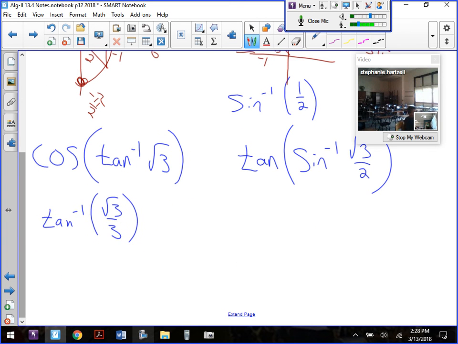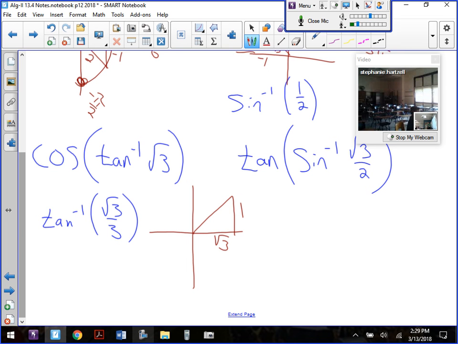Tangent. What angle has the tangent of root 3 over 3? That means it was rationalized. If I unrationalize that, I get 1 over root 3. Are you okay with that? So that means that in the diagram, it's positive, so it goes to the first quadrant. My opposite is the 1, my adjacent is the root 3.